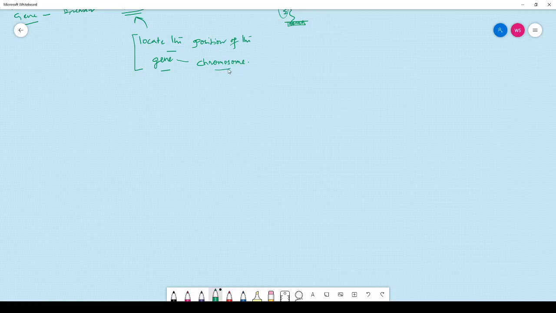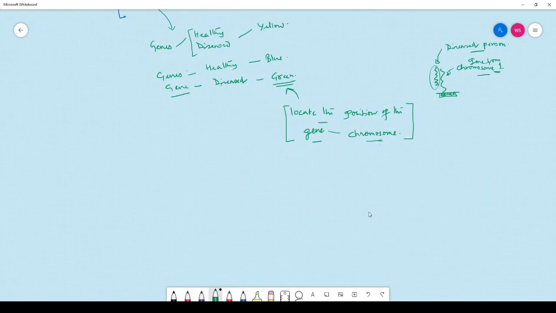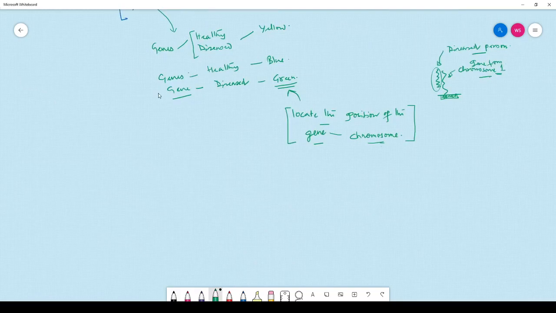We have got location. We can do another thing: take the gene from the healthy person and from the diseased person, and we can do sequencing.